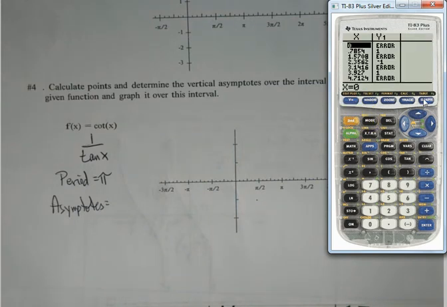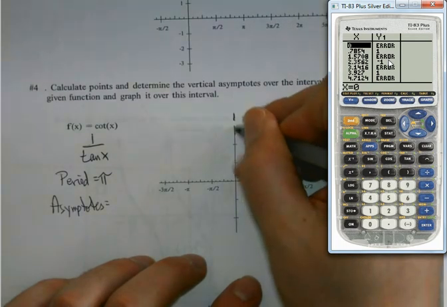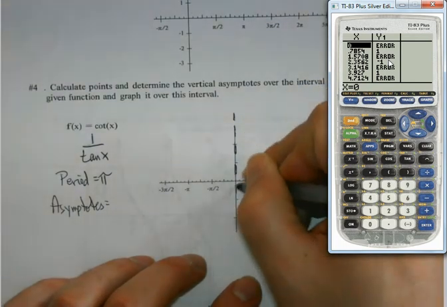So when I look at these, I'm starting to go, hey, why am I getting different values here now? This is kind of strange. I'll answer that question in just a second. For now, I'm going to have you go ahead and draw these asymptotes in.